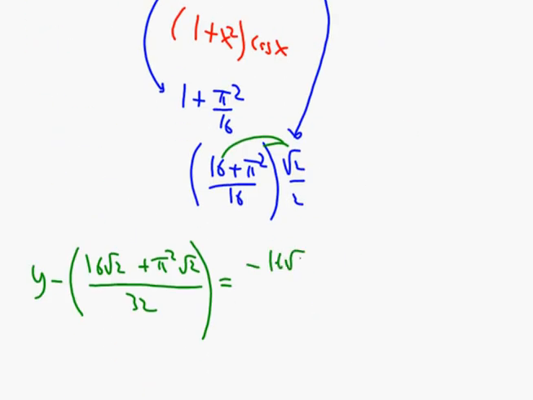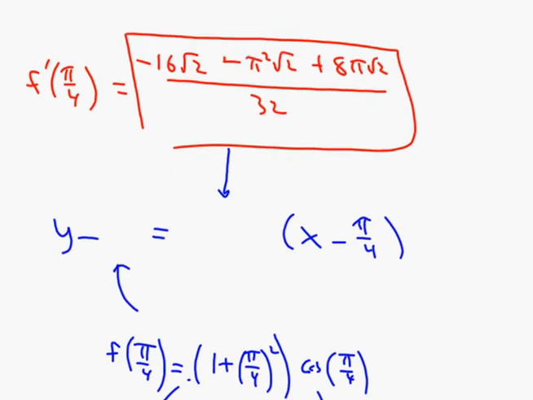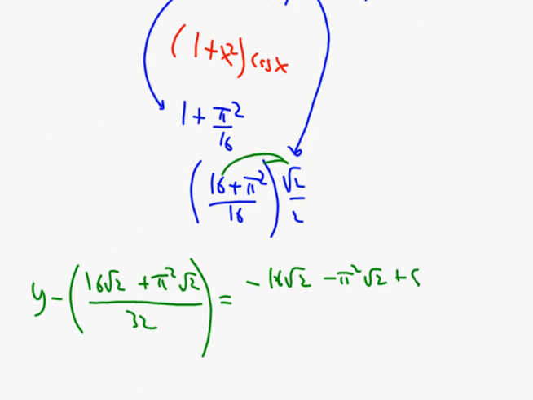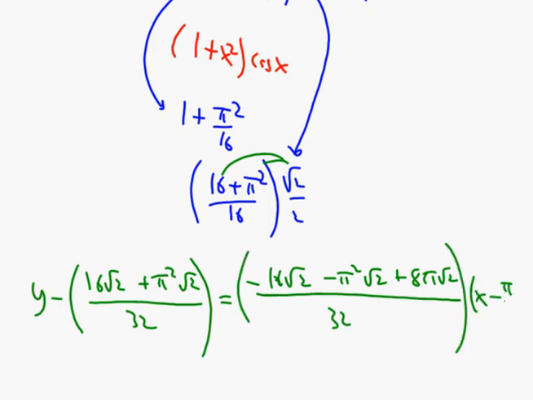Negative 16 square root of 2 minus pi squared square root of 2. I think it was minus or plus. What was it? Oh, plus 8 pi square root of 2 over 32 times x minus pi over 4. Well, there you go. That's sort of like the epitome of proving to you that you can do this even if the answers are totally ridiculous.